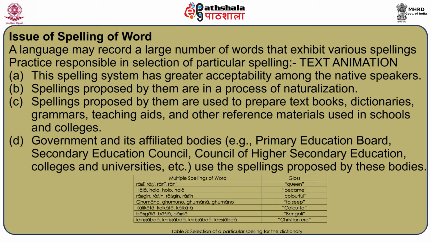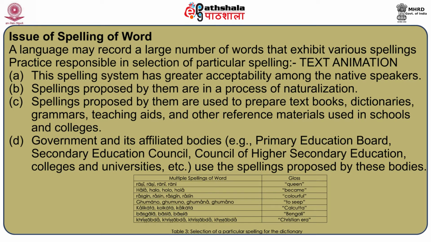In such a case, the issue of selecting a particular spelling has to be settled in a sensible manner for the dictionary. To avoid disputes and debates of all kinds, it is better to adopt the spelling proposed by a controlling body, such as the government or the government agencies like universities or academies.